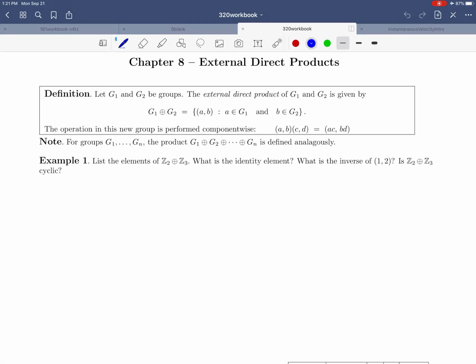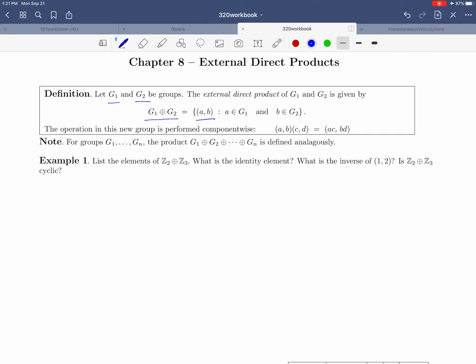If we have two groups, G1 and G2, then the external direct product of G1 and G2 is given by this notation right here, G1 with that circle plus G2, and it's defined as the ordered pairs of elements (a, b), where the first one, a, comes from our first group, G1, and the second one, b, comes from our second group, G2.